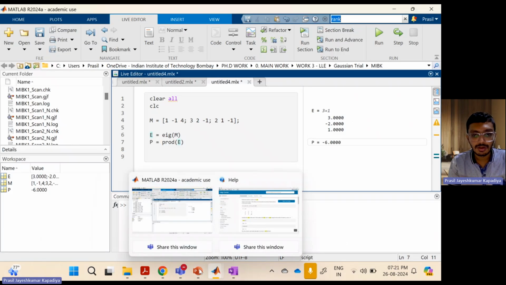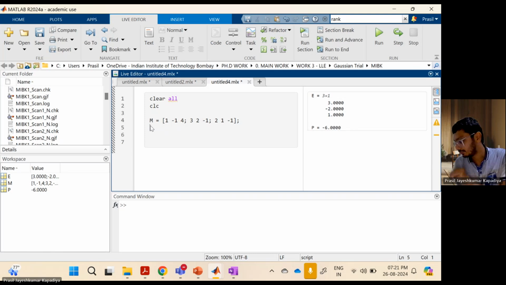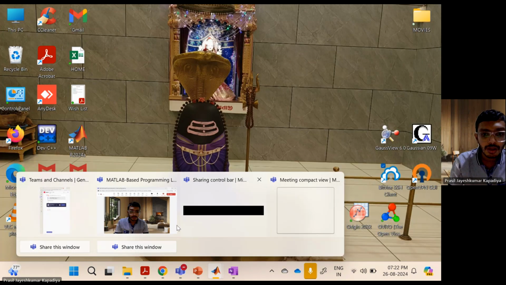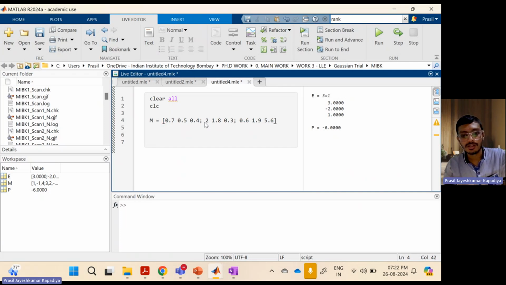My matrix is this one, so I will write M equal to 0, 0.7, 0, 0.5, 0, 0.4, then 2, 1.8, 0.3, and 0.6, 1.9, 1.6. Okay, so this is my matrix M.